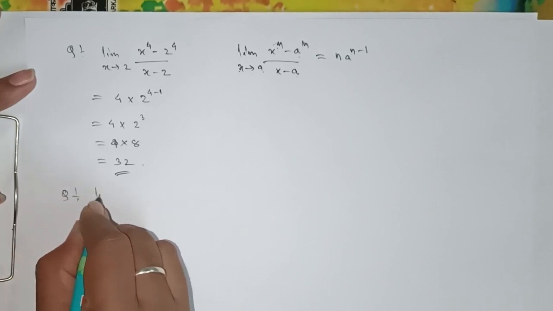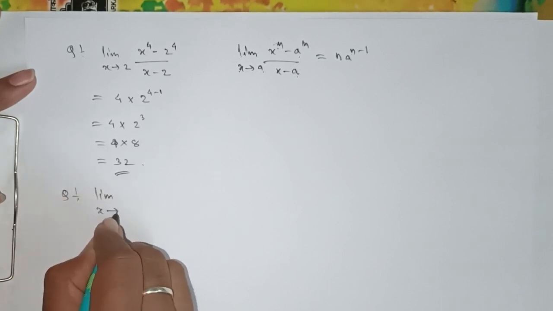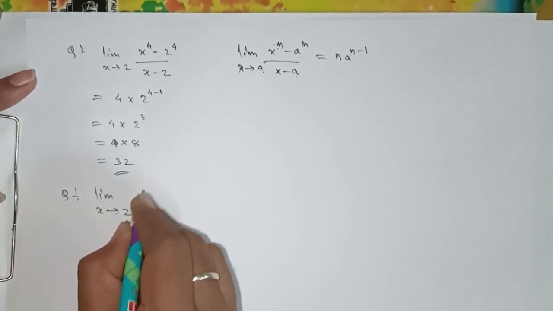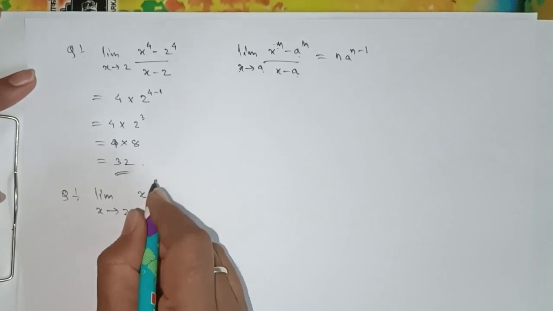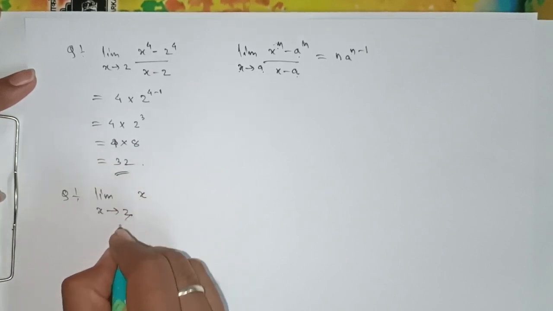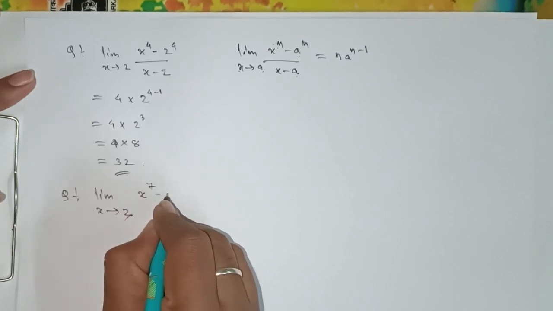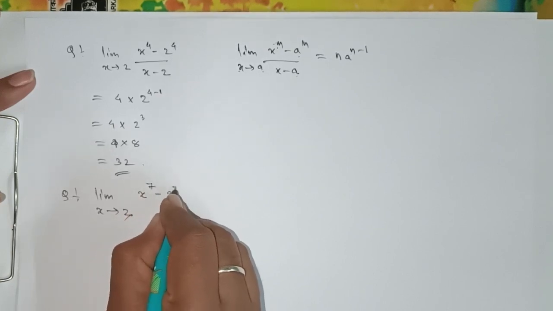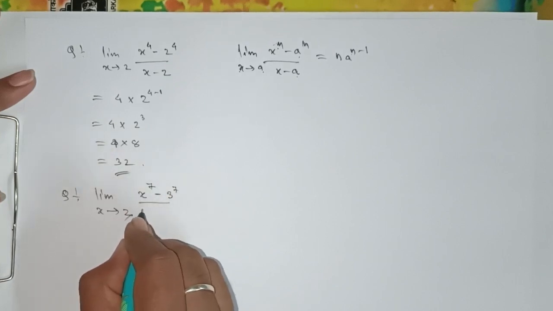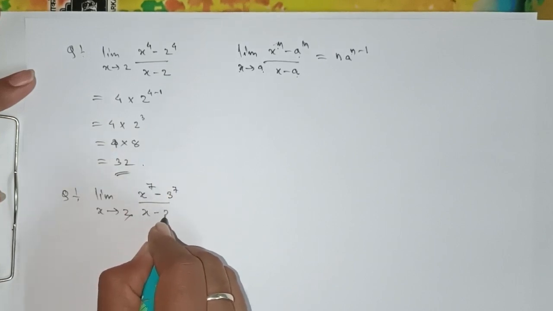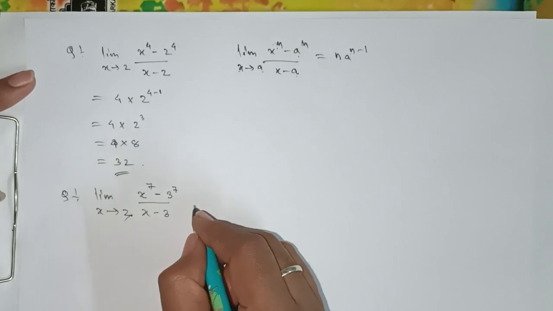Here I have one question for you: limit x tends to 3, x to the power 7 minus 3 to the power 7 divided by x minus 3. I hope that you can solve it by yourself.